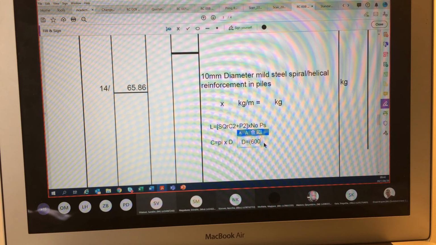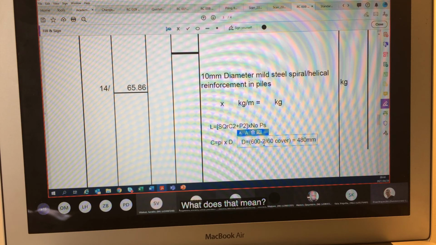600 minus 2 times 60. What is that 60? It's the cover. Do you understand? You know what the cover is? That then gives me 480 millimeters.